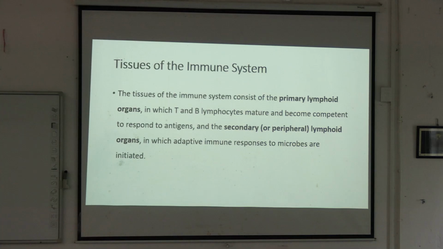Now, tissues of the immune system. The tissues of the immune system consist of primary lymphoid organs, in which T and B lymphocytes mature and become competent to respond to antigens, and secondary lymphoid organs, in which adaptive immune responses to microbes are initiated.